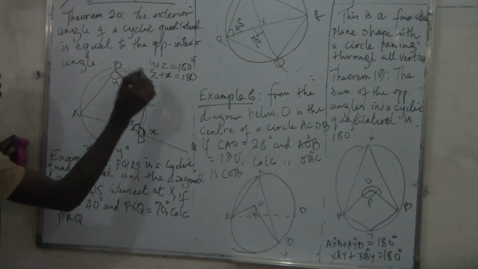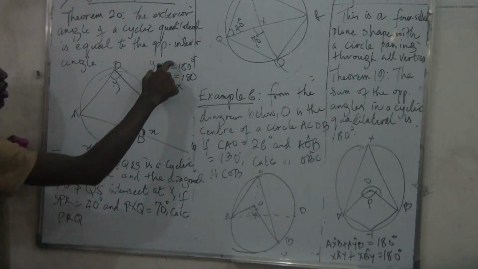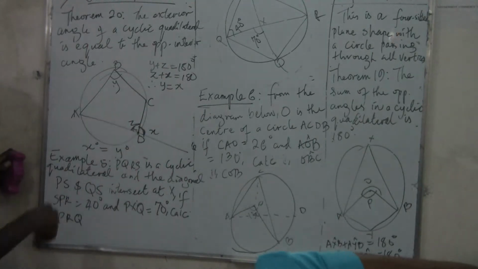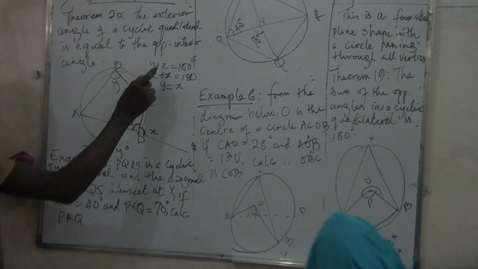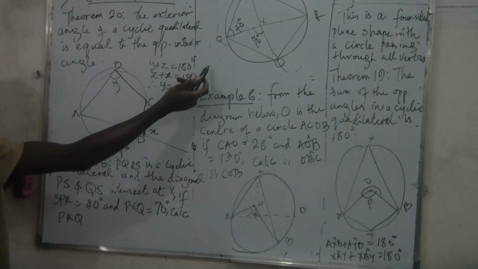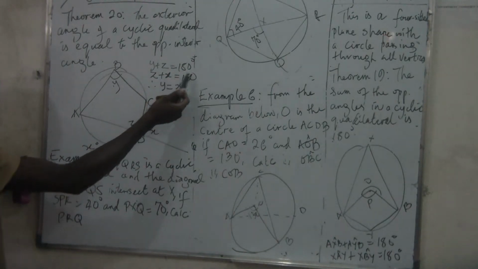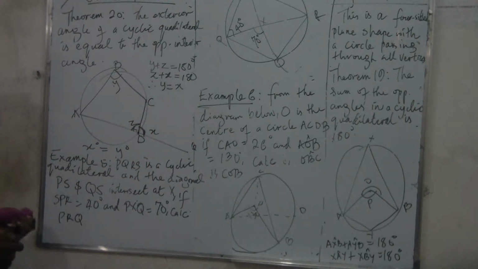So therefore, it will mean that Y is equal to X. For these two statements to be true, Y is equal to X, because from this we can make Z the subject of the formula. Z will give us 180 minus Y, and here Z will also give us 180 minus X, making Y and X the same. Do you understand?